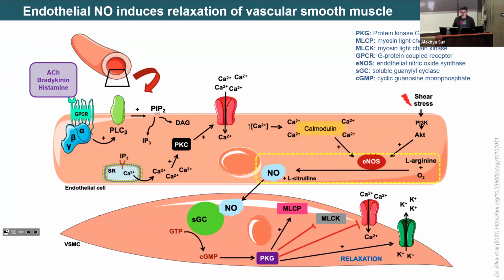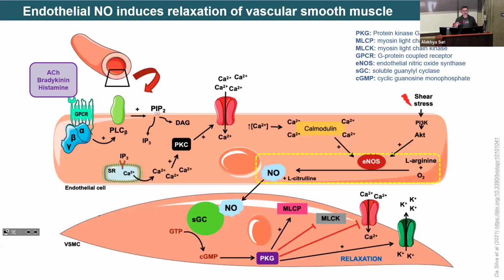Now, this is how chemical mediators cause nitric oxide production. There's another stimulus for endothelial cells to produce nitric oxide, and that's called shear stress. And shear stress basically is a measure of the force of blood dragging on the surface of the endothelial cell.